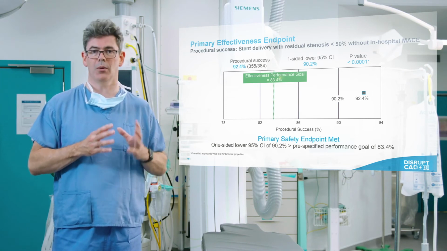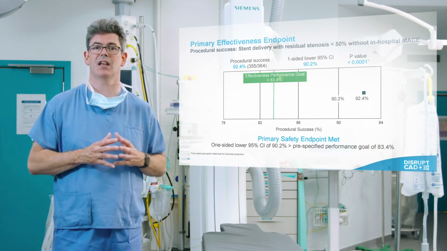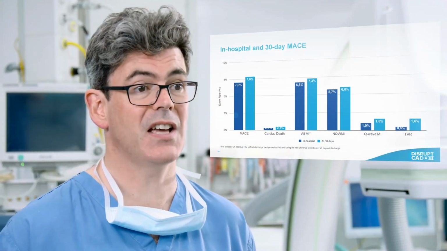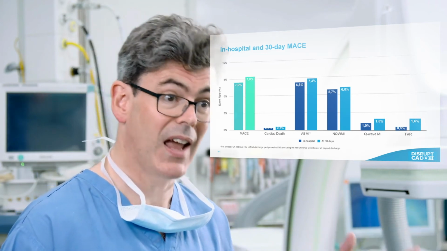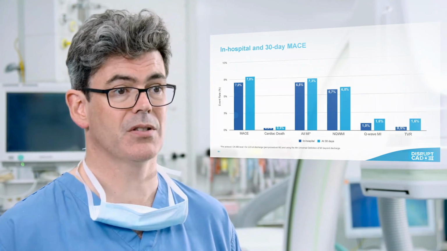Again, the lower confidence boundary of 90.2% meets the effectiveness performance goal. This slide shows the in-hospital and 30-day MACE of 7 and 7.8% respectively, along with the individual components.